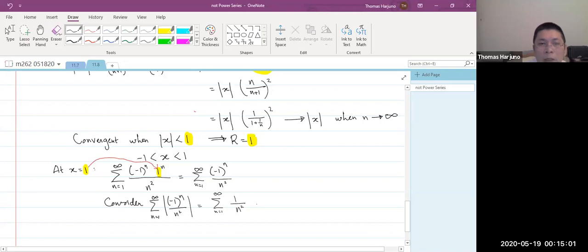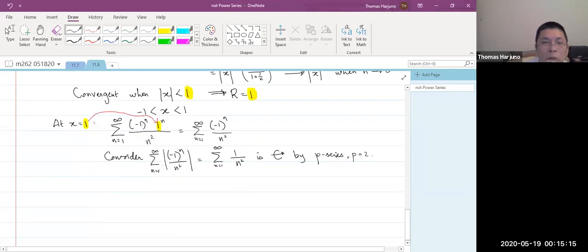This is convergent by the P series, P equals 2. That's right. So in fact, we can say more. That series earlier is absolutely convergent. Is it right?